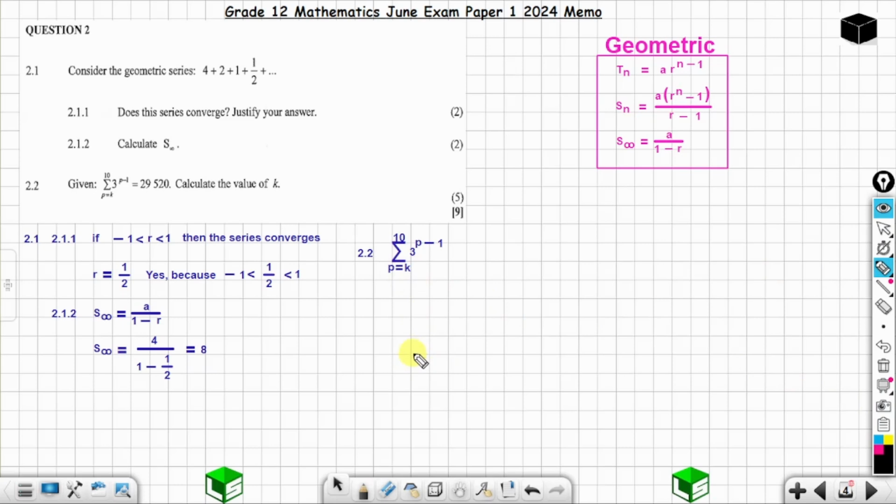If you start with p is equal to k, after that you are going to plug in k plus 1, and then k plus 2, and then k plus 3, and so on.